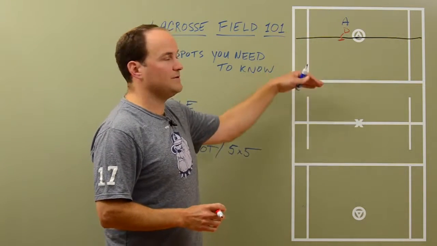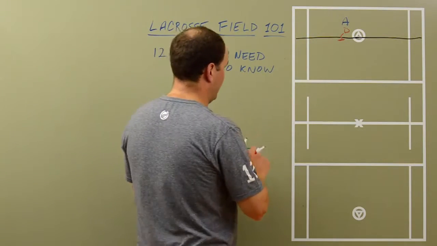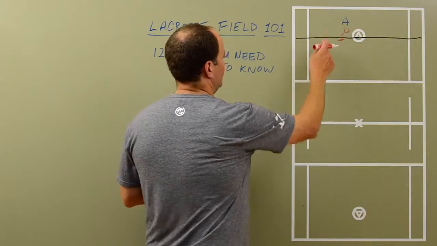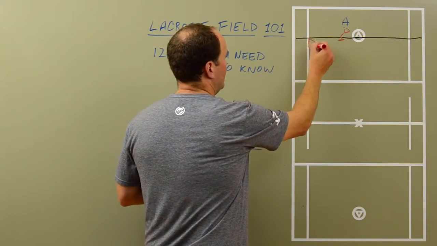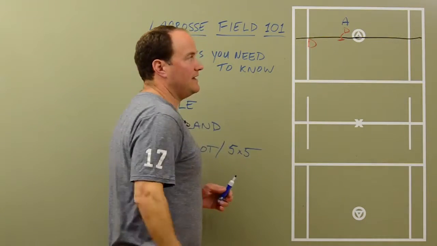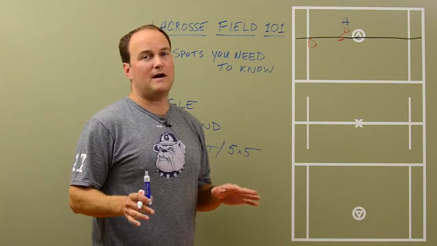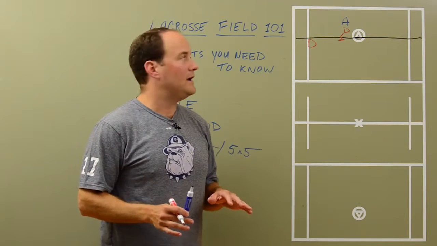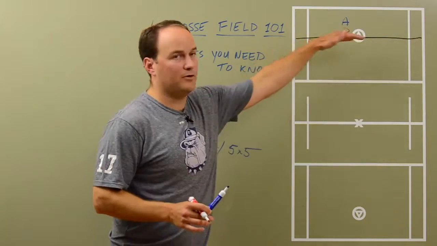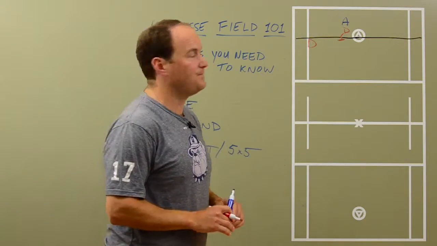And in the clearing game, it's important too. You know, defensemen, if we were clearing from this end that way, they'd want to maybe start around the goal line extended. So it's a term that's used. It's a spot on the field that's really important to know. And obviously, it's pretty simple to remember once you know what it is.